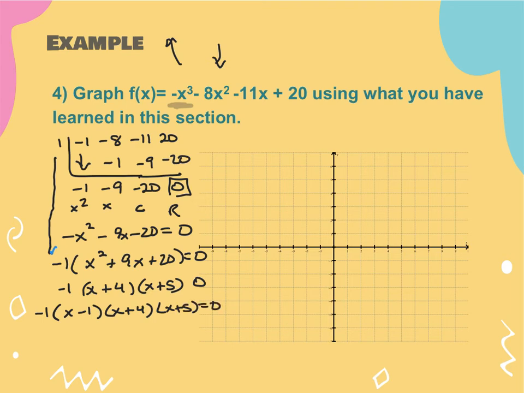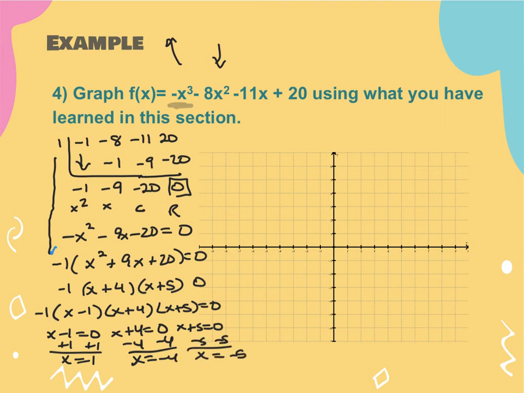These are my factors. I can set them all equal to 0. X plus 5 equals 0. So add 1. X equals 1. Subtract 4. X equals -4. Subtract 5. X equals -5.